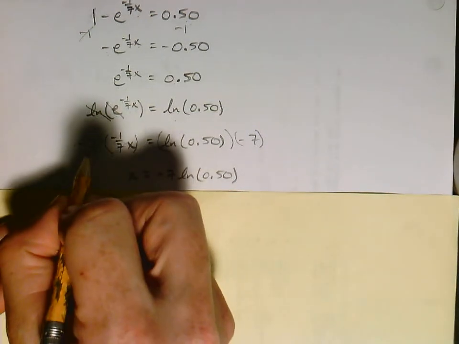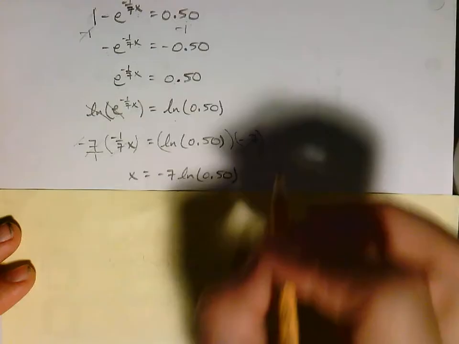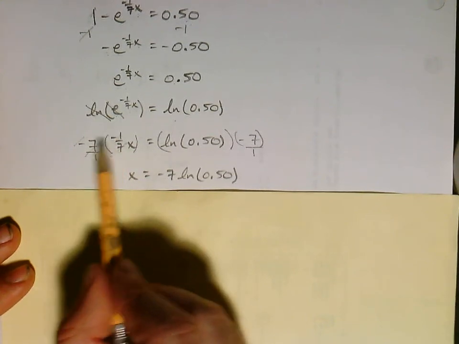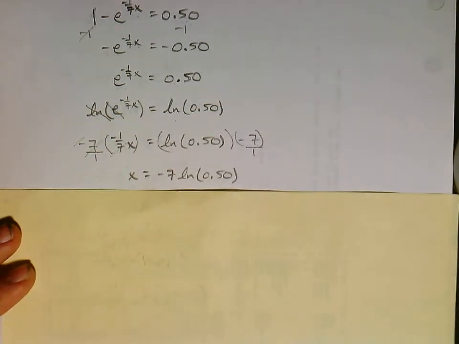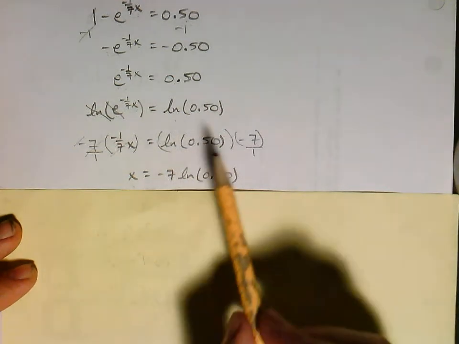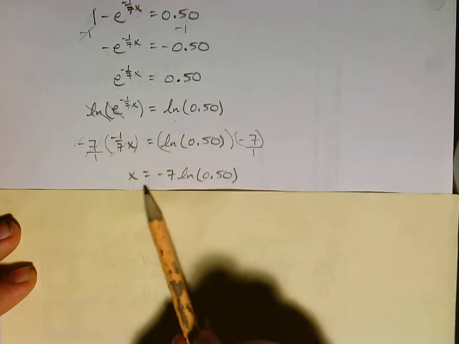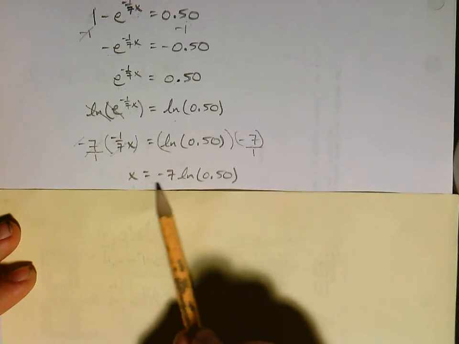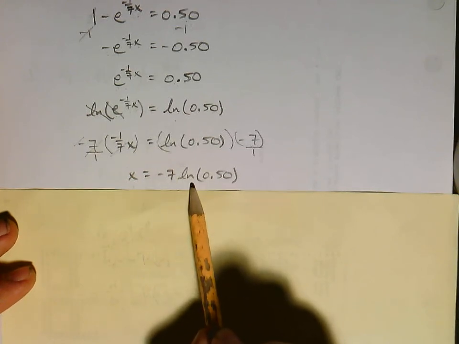Some people like to think of this as negative 7 over 1. You can do that as well. So the 7s cancel, the 1s cancel, the negatives cancel, and all you have left is x. And on the right side, if you multiply by negative 7, we can just write that out in front. Negative 7 times the natural log of 0.5.